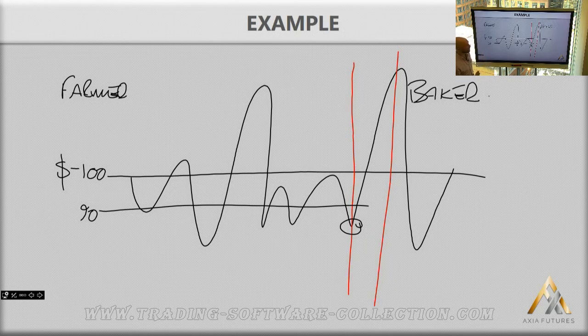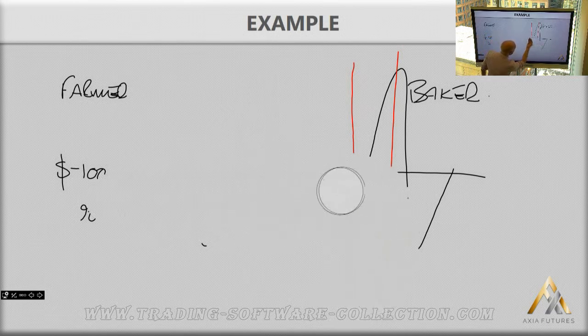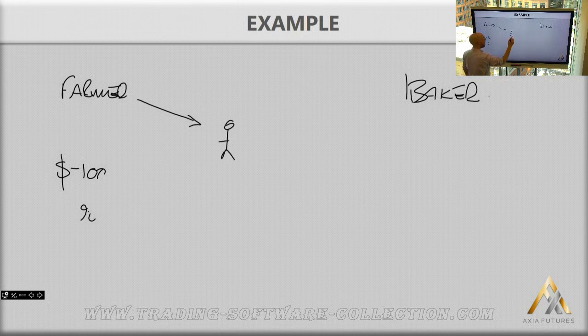Now, in terms of where we come into this, because the farmer's not going to sell it straight to the baker, the farmer sells it to trader A. So the farmer's gone from long to neutral, and now the trader is long.